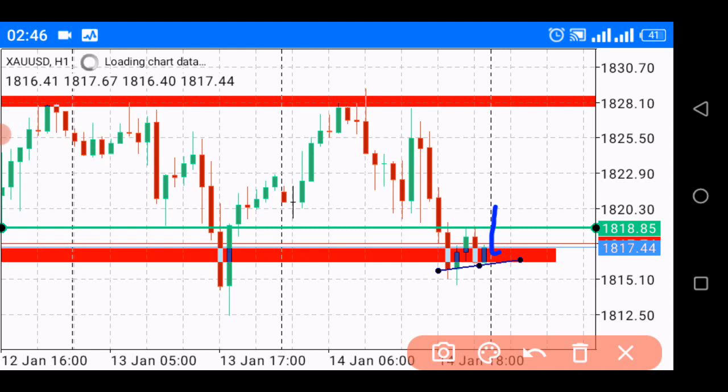If the market breaks it up like this, then it gives us a W formation, then it tells us that the price is coming up.